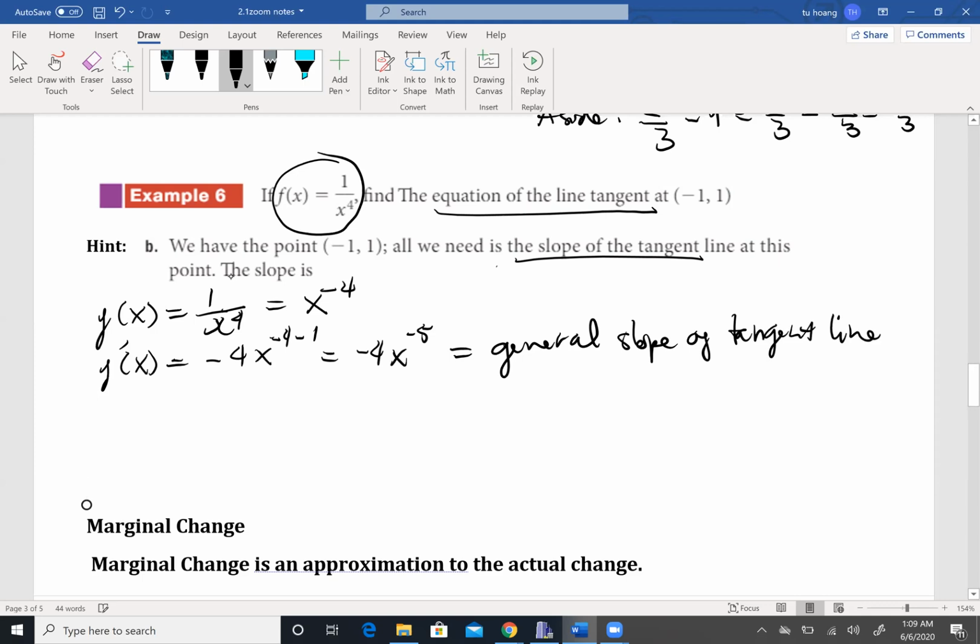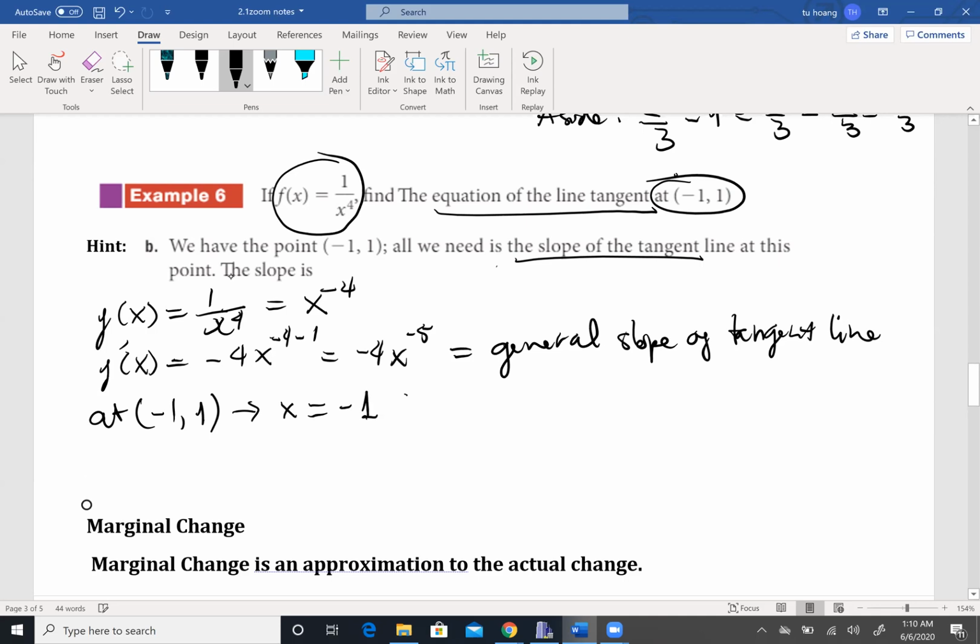Now I want to find a specific slope at the point (-1, 1), which means x equal to negative 1, right?